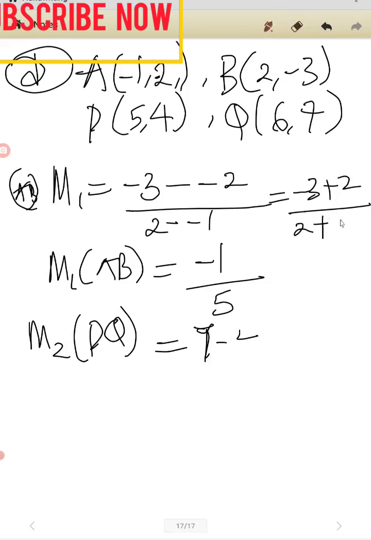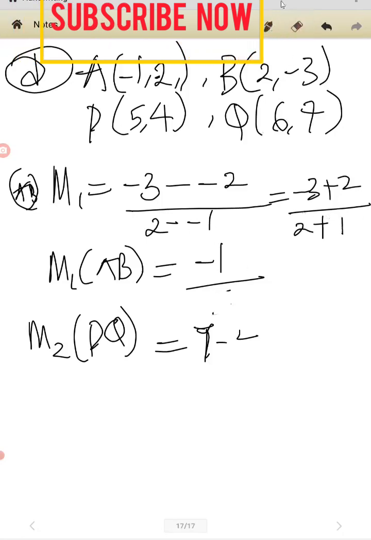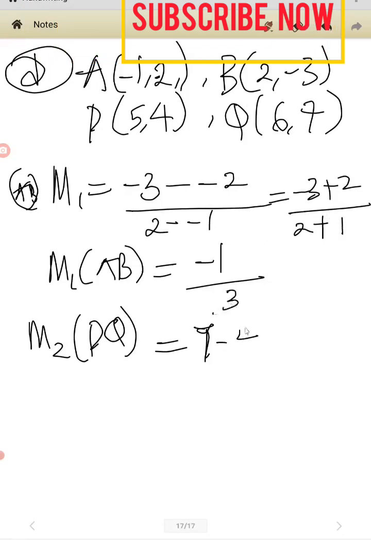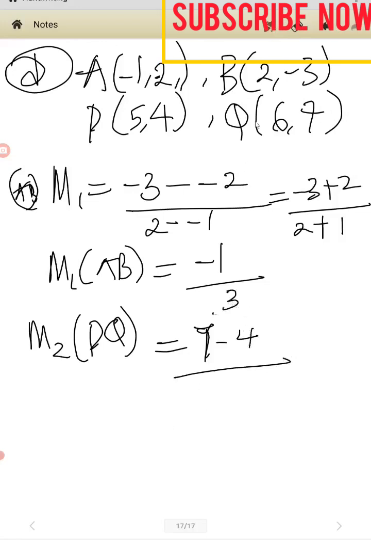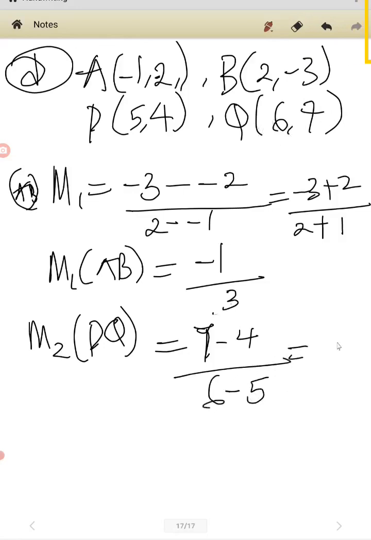Just notice, 2 plus 1 gives you 3. Now 7 minus 4 all over 6 minus 5, which is equal to 3 over 1.